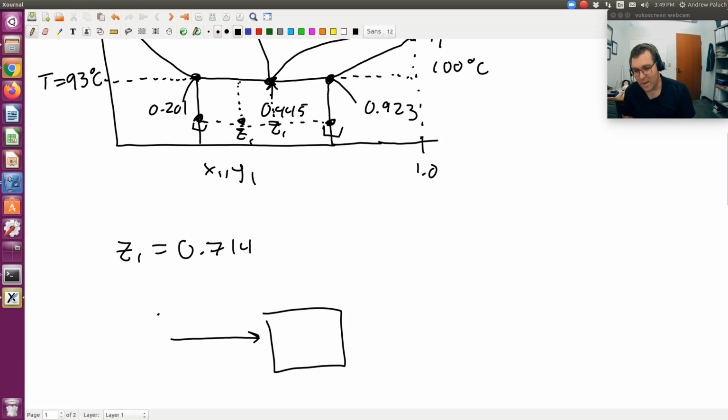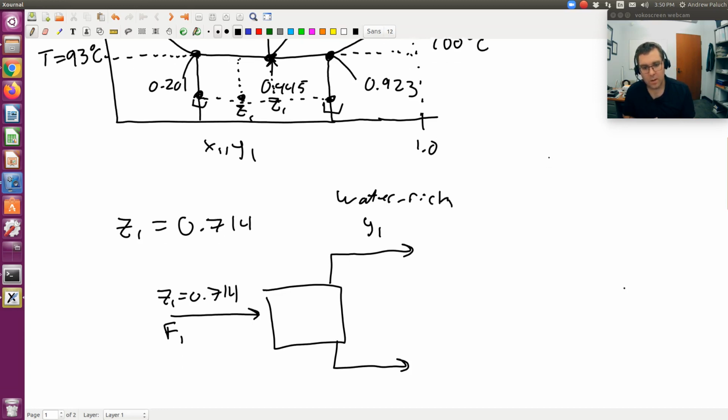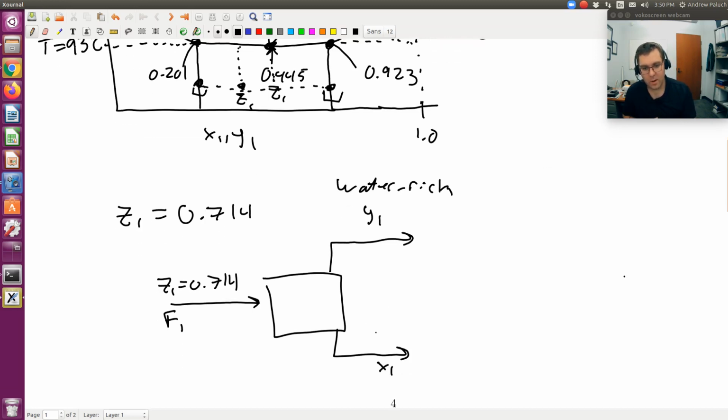So if I have some Z1 going in, which is 0.714, and that's going to have flow rate F. Okay, then coming off the top, coming off the bottom. So let's just use Y and X just for the heck of it. Okay, and let Y maybe be our water-rich phase. Okay, and let's let X be our butanol-rich phase.